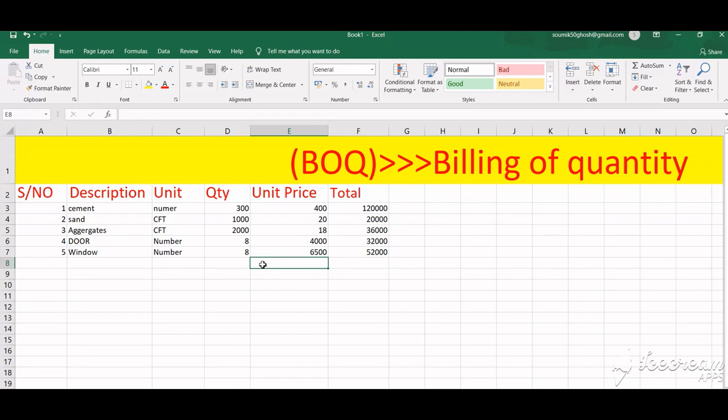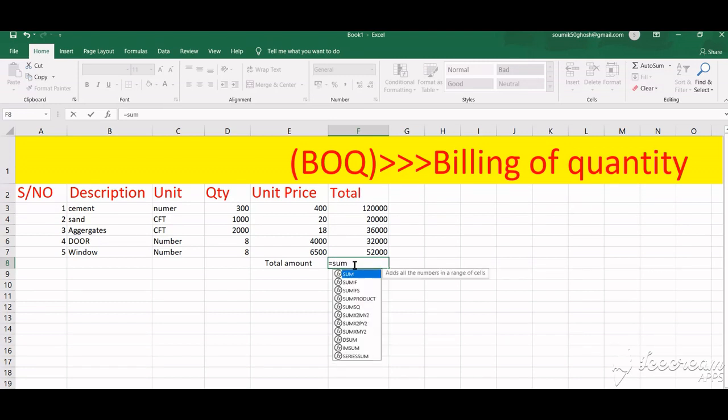Next, the complete total amount is equal to. Now the total amount is select.